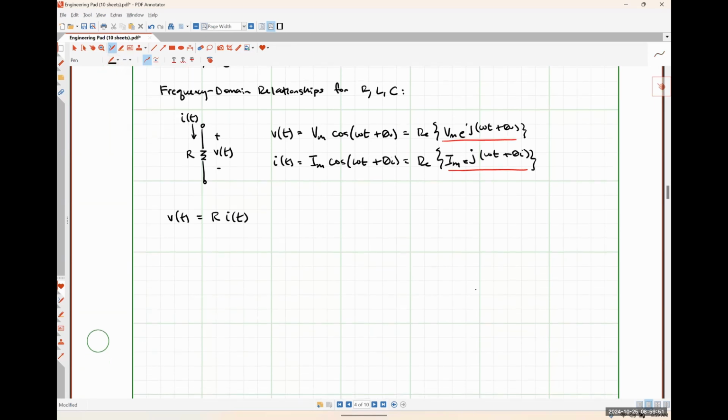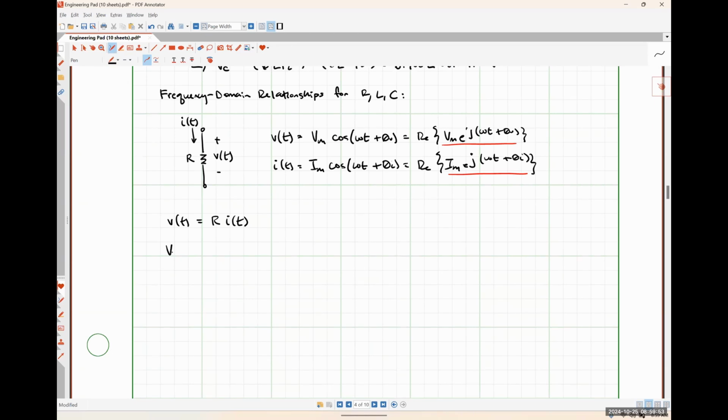So that means that on the left-hand side, Vm e to the j omega t plus theta v is going to be equal to R times Im e to the j omega t plus theta I. Just simple, direct substitution, okay?